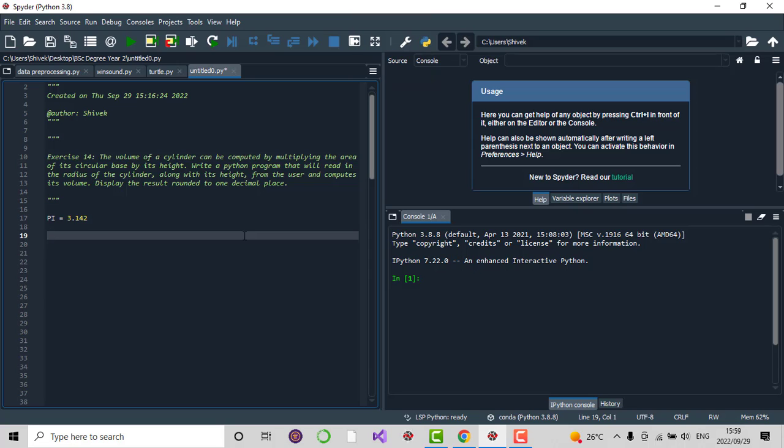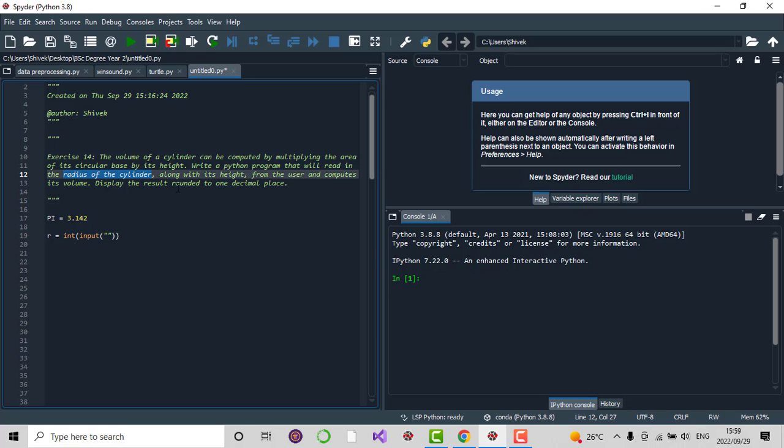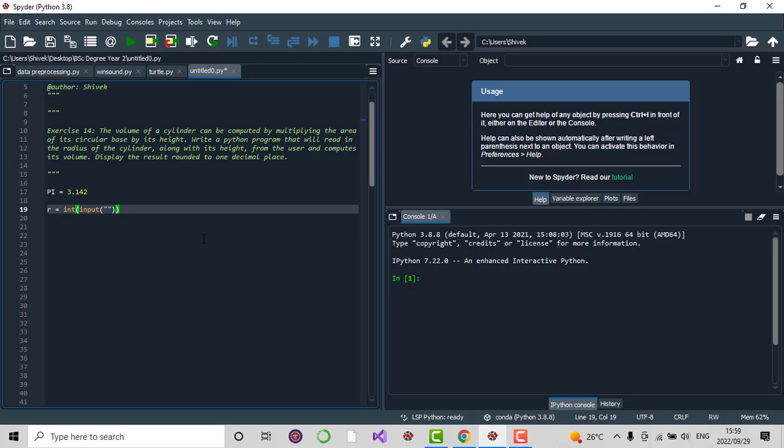Next, we may begin and proceed to have the reading of input. So let's do an int input. First we will take in the radius of the cylinder, and then we'll move on to take the height. So r is equals to int input, please enter the radius of the cylinder base.